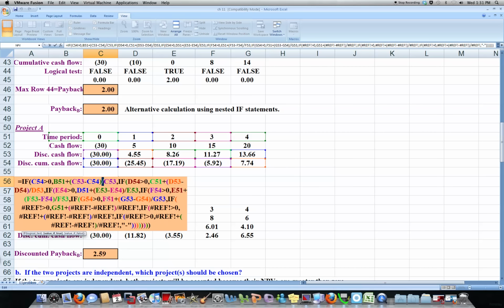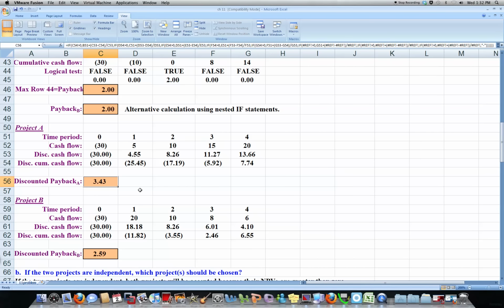So when it's greater than 0, we take F51, the years, plus G53 minus G54, which is G53 minus G54 divided by G53. That will give us 3.43 for the discounted payback for Project B.